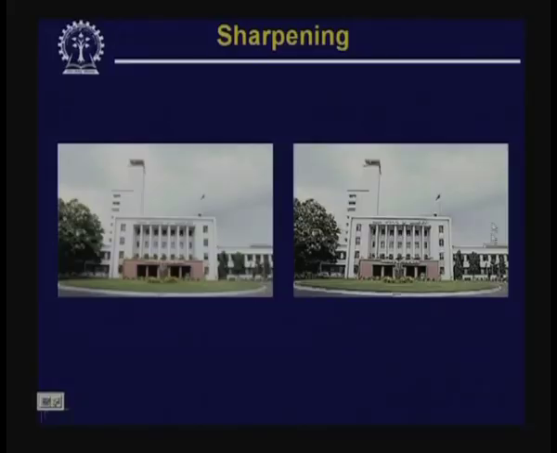Here again, if I apply the Laplacian operator on all three planes, the red plane, green plane and blue plane separately, and then combine those results, what I get is a sharpened image. By applying that kind of sharpening operation, a sharpened image can appear something like this. Here on the left hand side we have shown the original image, and on the right hand side you find that the image is much sharper than the image on the left.